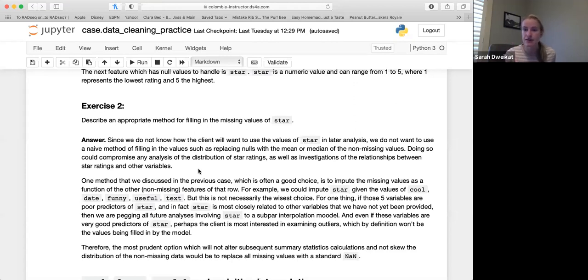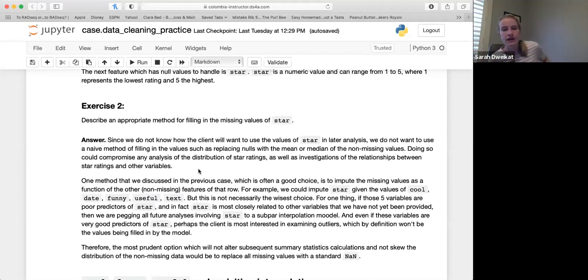And this is when someone made a great point in the live chat about looking at how much missing data we have. If we had a lot of missing rows in the star column, and we filled all of them in based off of the data we did have, we might be extrapolating, or artificially filling in more data than what we were actually given in the data set.